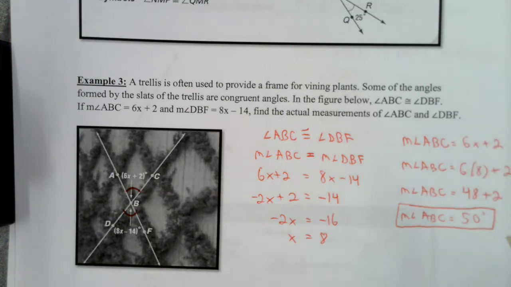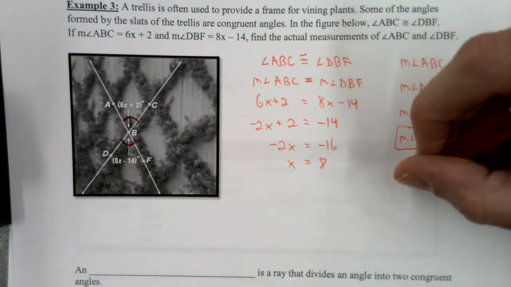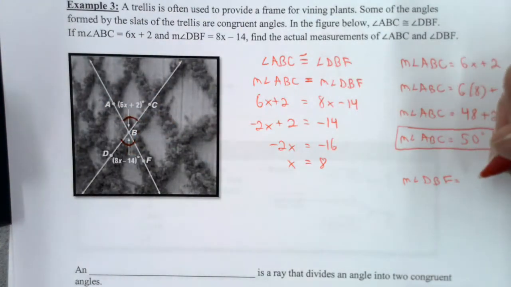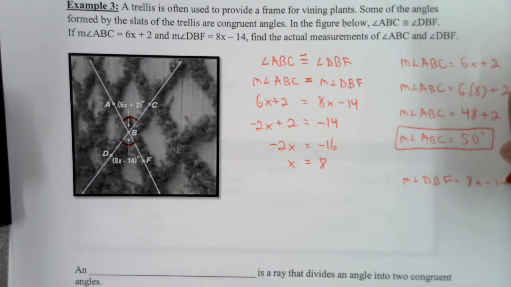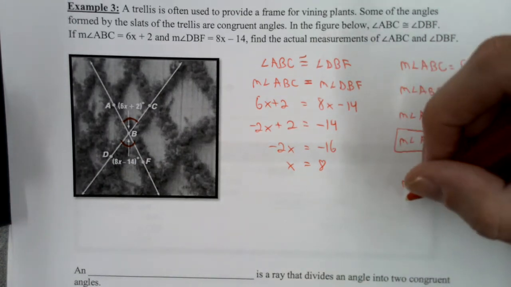But that's kind of risky to just put that right now. I would just do out the work just to check yourself. So let's do out the work. The measure of angle DBF equals 8x minus 14. So substitute 8 times x with 8 times 8.